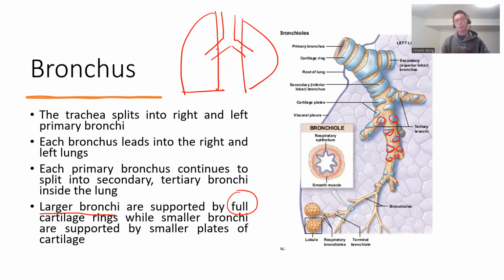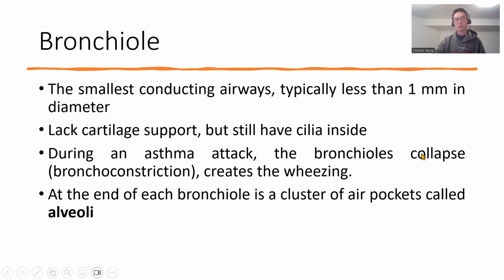But they still need support. That's why you have these bits and pieces of cartilage plates. So full rings for the bigger ones, and then smaller bits and pieces as it goes further and further down. By the time you get to the bronchioles, there is no more cartilage.